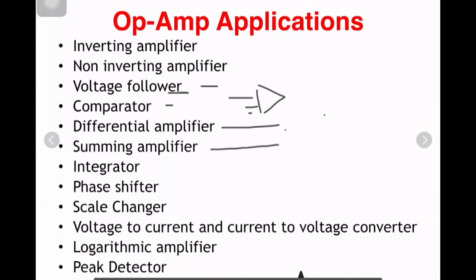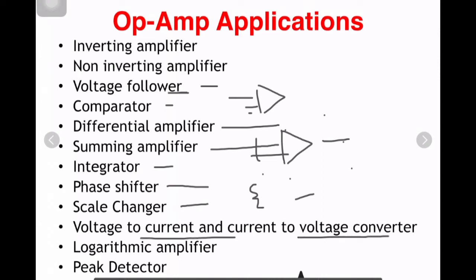Summing amplifier, where the two inputs are summed and amplified. As an integrator, the input is integrated with the help of the operational amplifier. Phase shifter, where the input phase is shifted. Scale changer, where the input is magnified to some scalar value. And voltage to current and current to voltage converters, logarithmic amplifier and peak detectors.